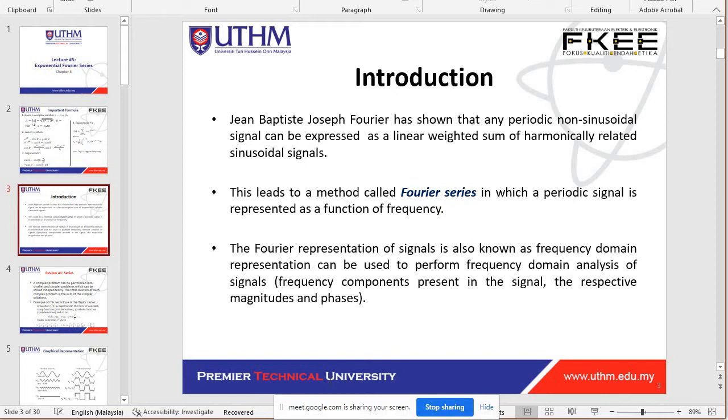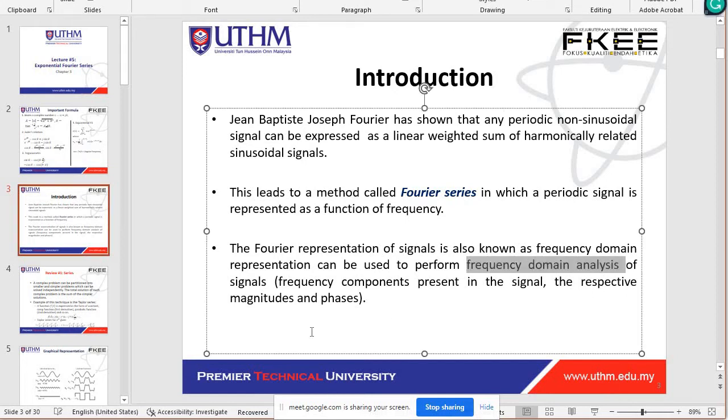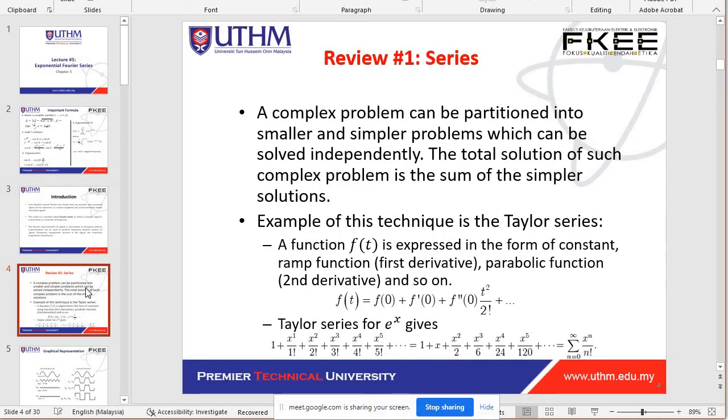The Fourier representation of a signal is also known as the frequency domain representation, and can be used to perform frequency domain analysis. So don't forget, Fourier series is to perform the frequency domain analysis of the signal. The frequency components represent the signal in terms of magnitude and phase.